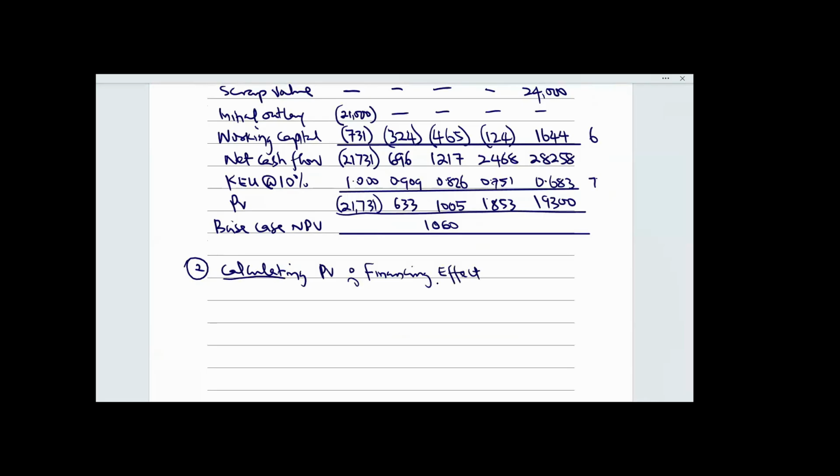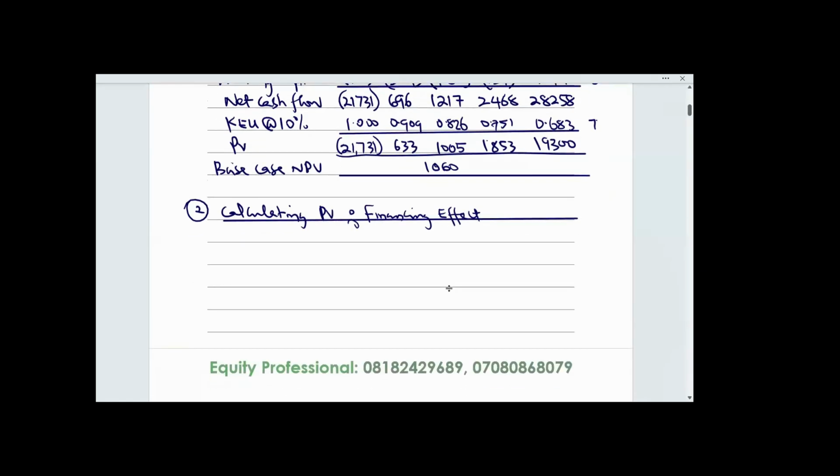So to calculate the PV on financing effect, there are 3 components that make up the financing effect: issue cost, subsidy, as well as interest. It's not compulsory that you may have the 3 of them in a question. Any one that you have is what you are going to calculate for. In this question, we have the 3 of them: issue cost, subsidized loan, and interest.